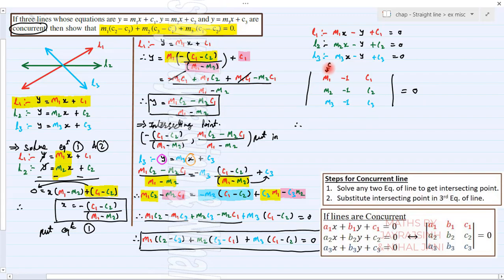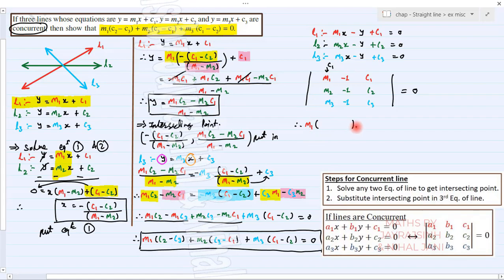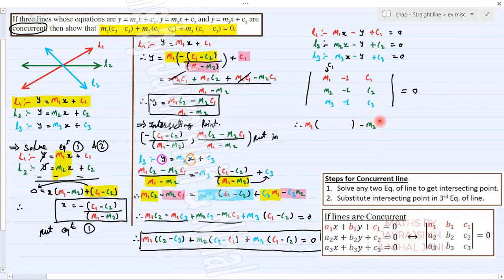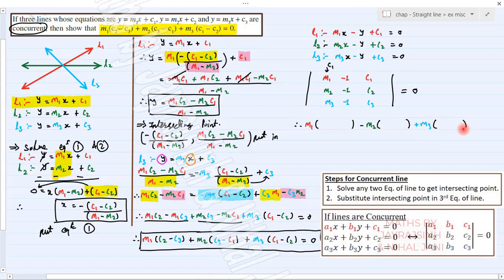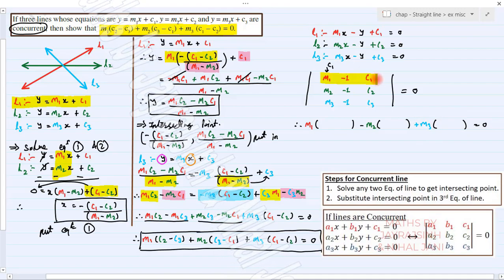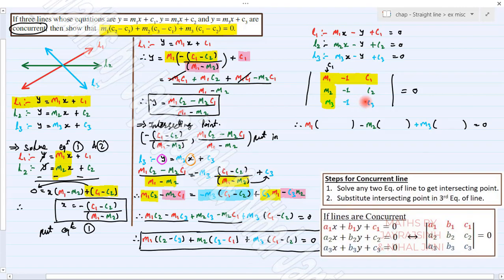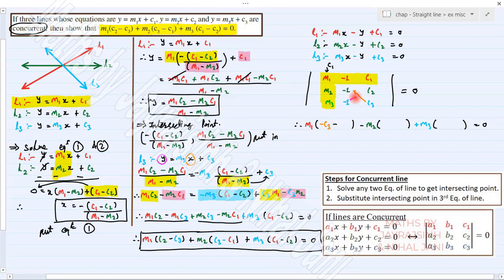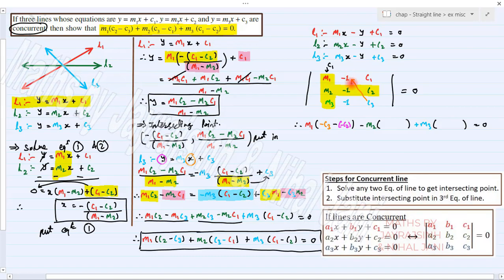So let's expand here with respect to the first column. So we have to place its elements with the sign of cofactors. To find the cofactor of m1, we have to ignore the first row and first column and then cross multiply. We'll get minus c3 minus c2. Then to get the cofactor of m2, we have to ignore the first column and second row and then cross multiply.